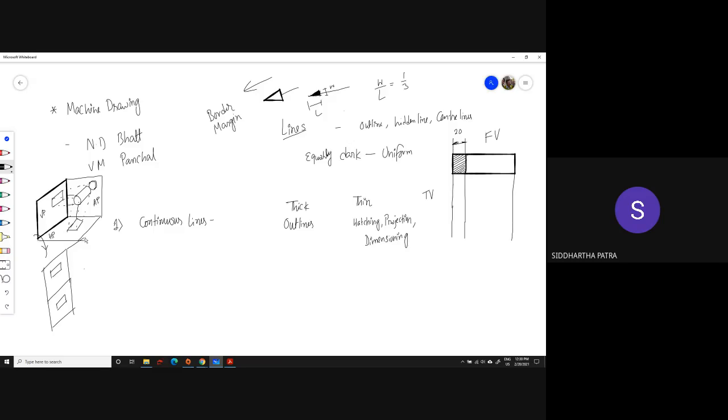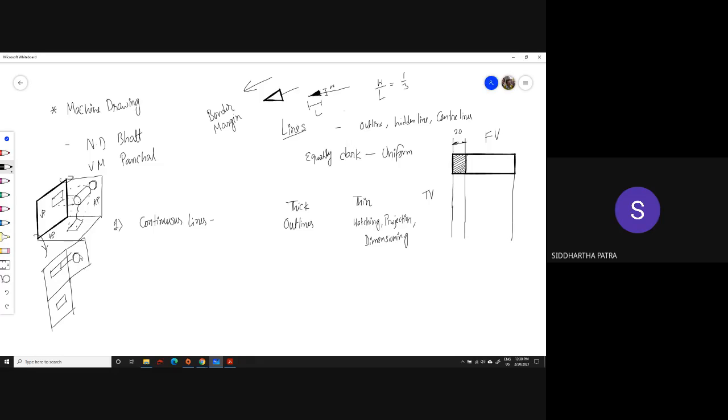After taking the projection, we rotate this plane, align it with the vertical plane, and eventually plot the side view.